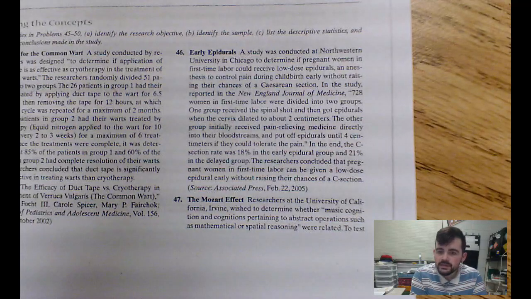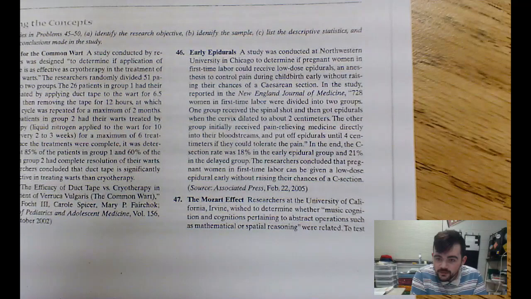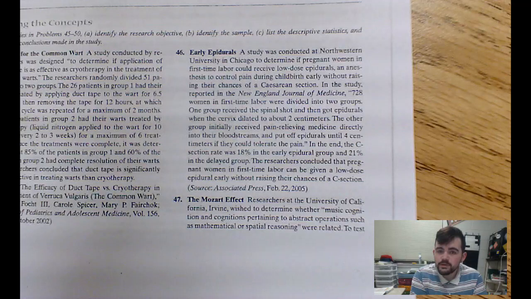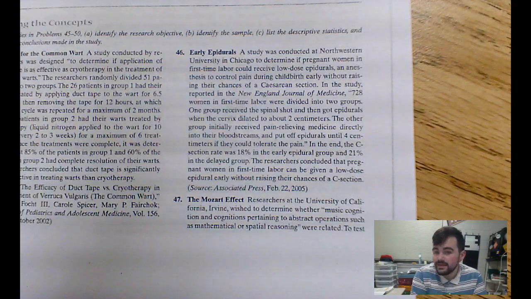So epidural is a painkiller type of thing that prevents you from having some really bad pain whenever you're in labor. And what they want to know is whether or not giving that low-dose epidural earlier in the labor raises your chances of having to have a C-section versus natural birth.